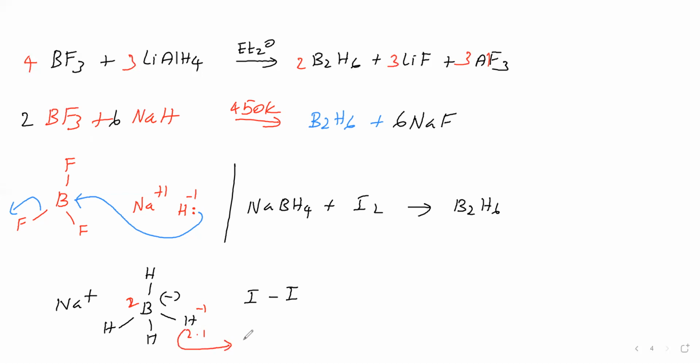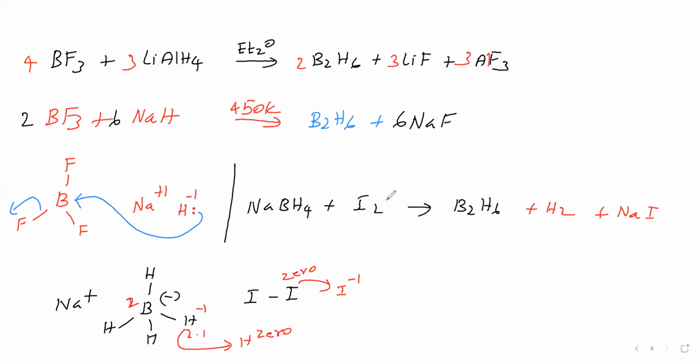This -1 becoming 0 means oxidation, that means hydrogen gas we are getting. This iodine, this 0 is converting into -1, and this Na+ becomes sodium iodide. Now this hydrogen leaving, what is there is BH3. This BH3 in the dimeric form is called diborane.